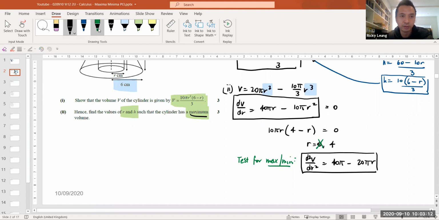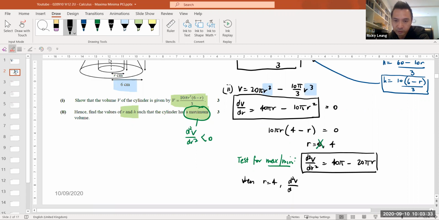Maximum implies that the second derivative is negative. Right. So when I sub 4 into r, that's 40 pi minus 80 pi, definitely a negative.